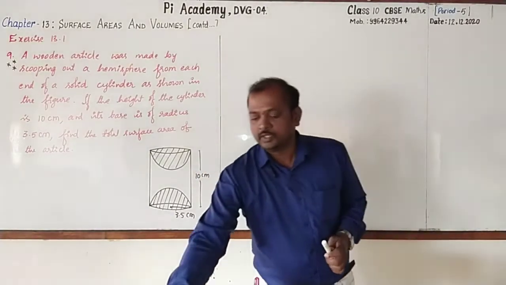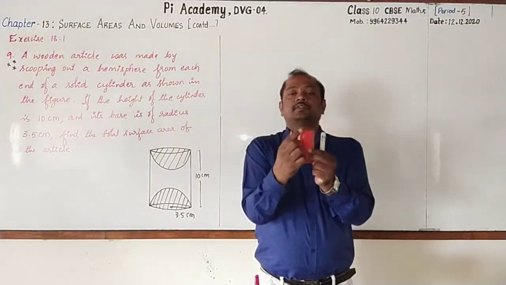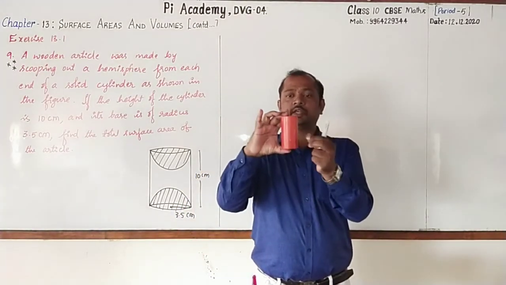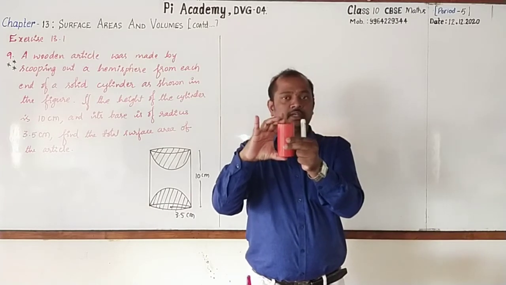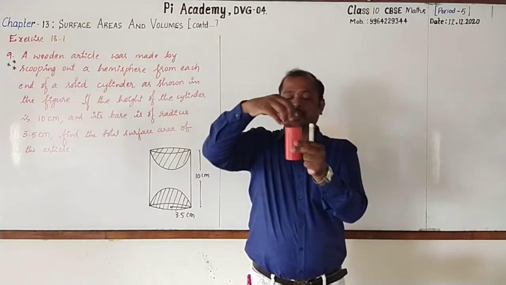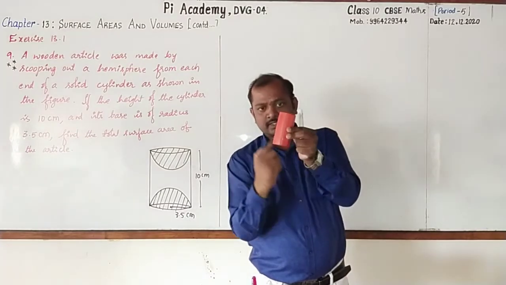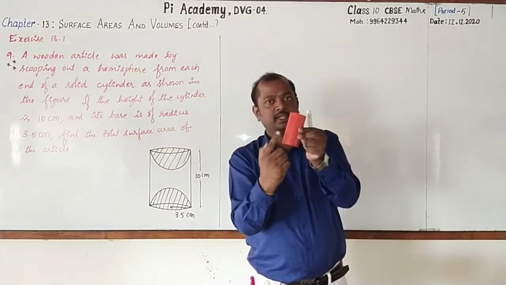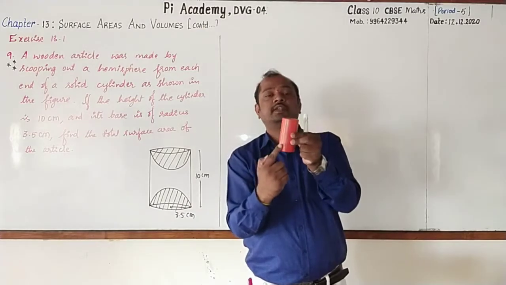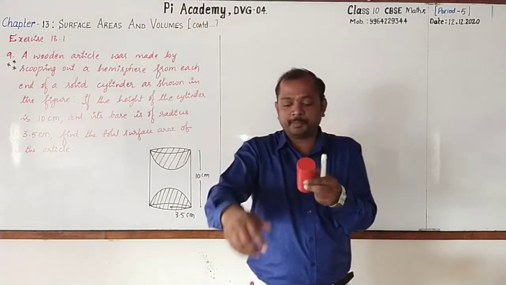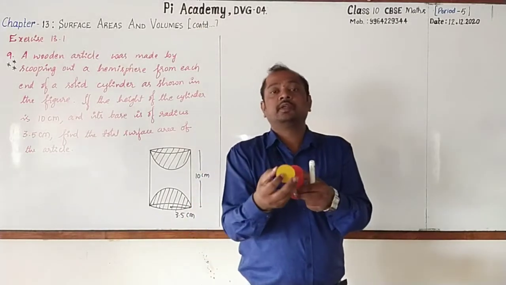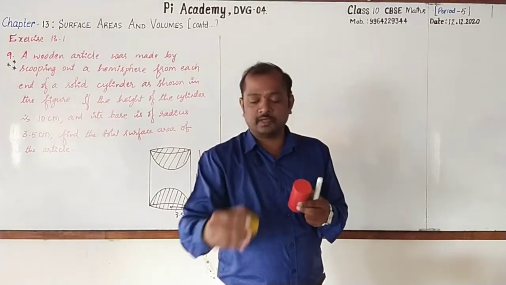Very good. If it is a solid wooden cylinder, now we have scooped out a hemisphere at each end. So its outer surface can be seen, right? It is CSA of the cylinder. Here there will be a depression. Depression of what? Depression of hemisphere.